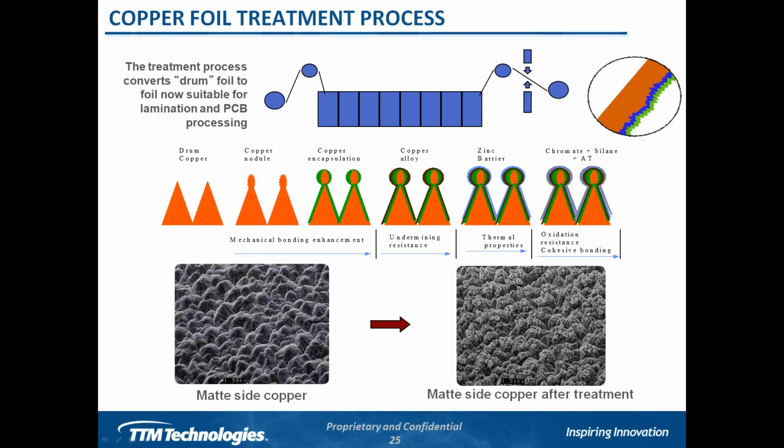Now, if we look at that structure that we created, even though one side is rough, we still need to add additional topography to that in order to get it to bond, and that's being done by our foil manufacturer. So they're going to treat both sides of that foil. Even that matte side that's already pretty rough, they're going to go ahead and treat it and create additional copper crystals on it to make it even more rough for bonding.